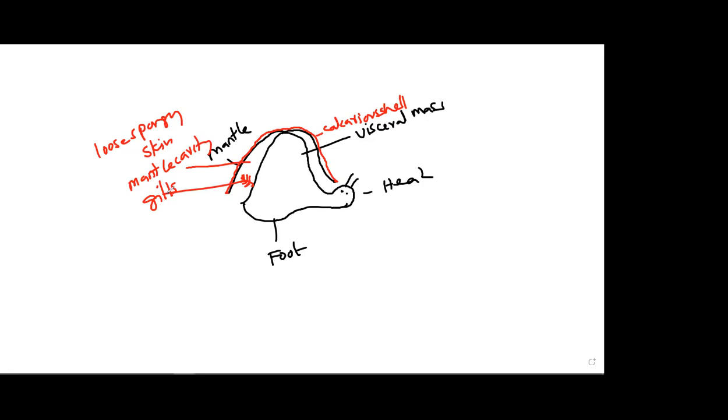Feather-like gills help in respiration and excretion. There are no special excretory structures. Excretion is also carried out by feather-like gills. Feather-like gills help both respiration and excretion.